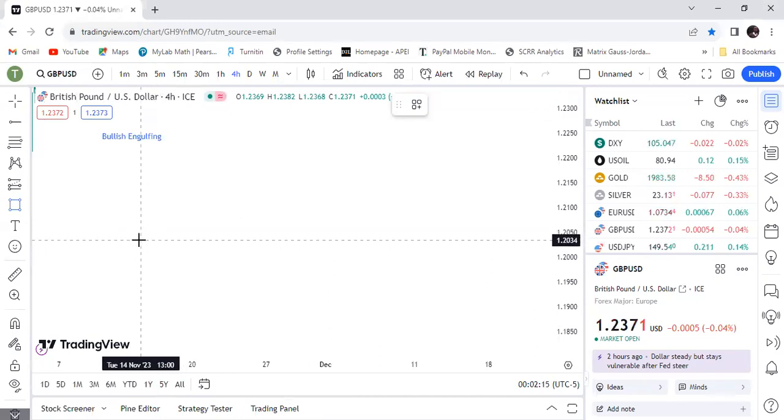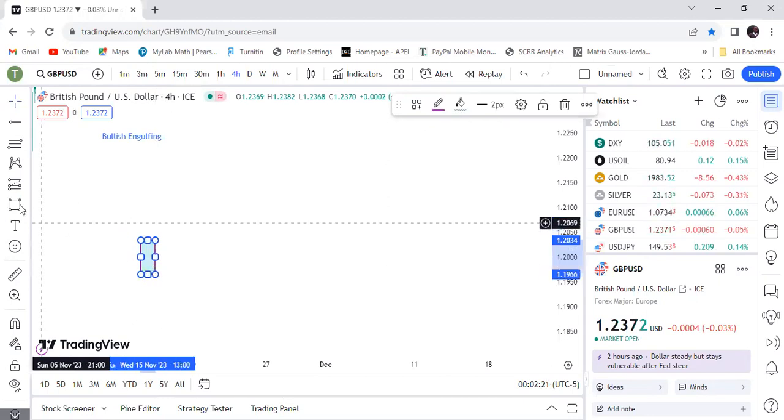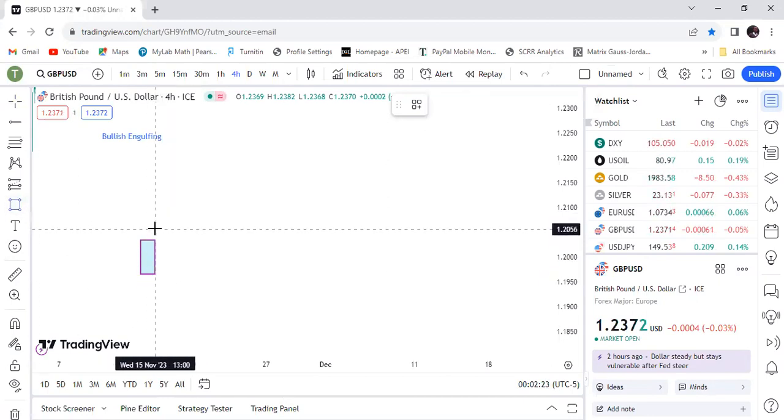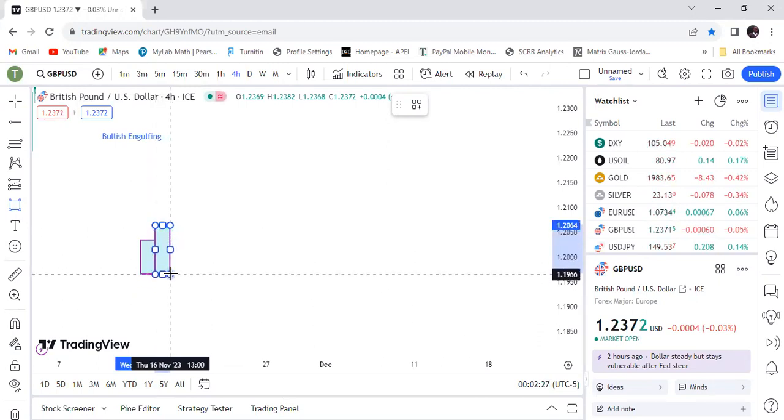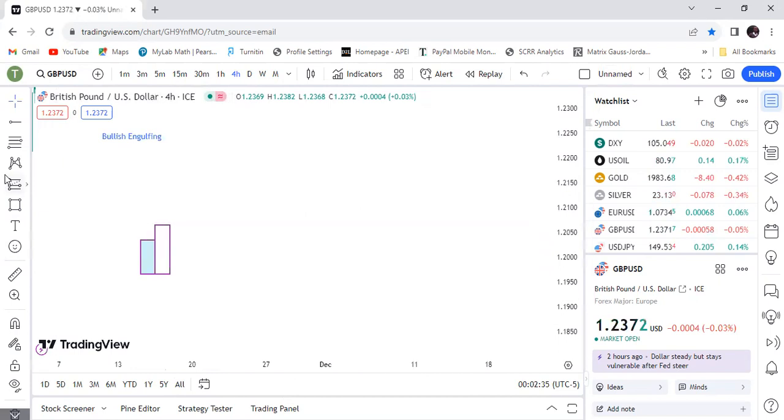So basically, how this kind of pattern forms, we want to see the first candle being a sell candle and the second candle being a buy candle. The second candle should engulf the first candle.